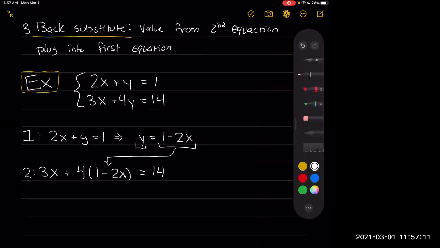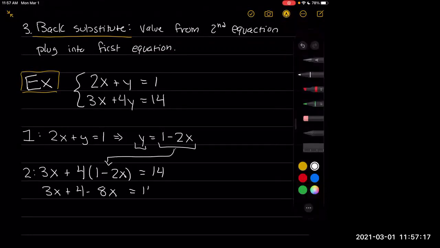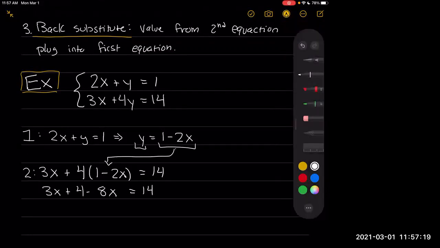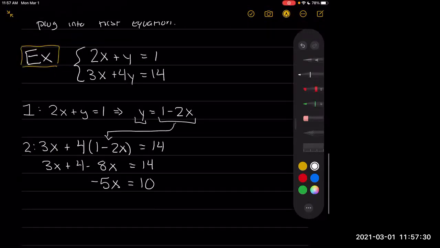Then rewriting, we get 4 minus 8x equals 14. Subtract 4 from both sides and combine the 3x and the negative 8x. We end up with negative 5x equals 10. And if we divide both sides by negative 5, we end up with x equals negative 2.